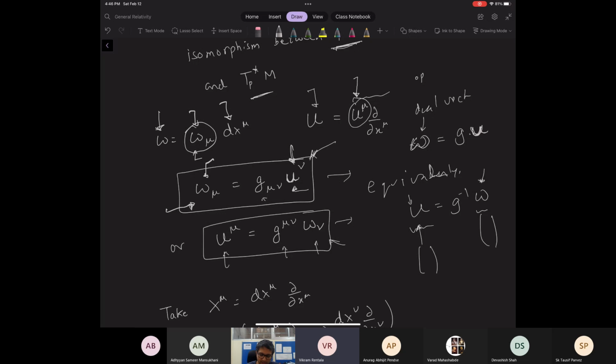If the indices of the components are upper, then those are vector components. If the indices are lower, then those are dual vector components. So rather than working with the matrix notation, it is preferable to work with the index notation so that you're clear about whether you're talking about vectors or dual vectors.